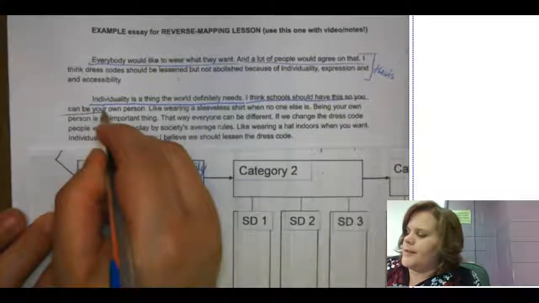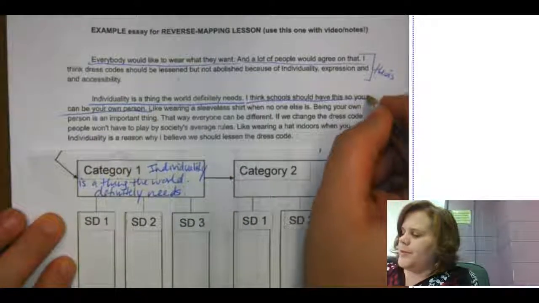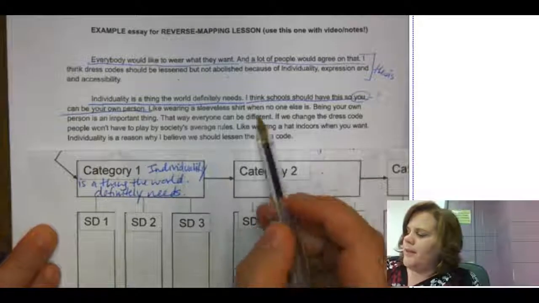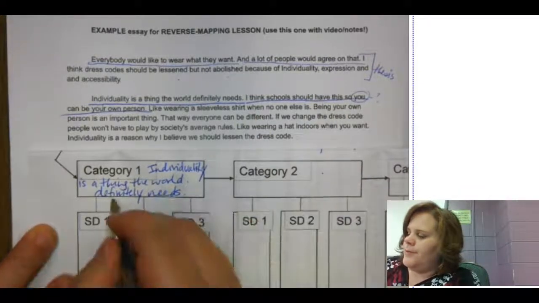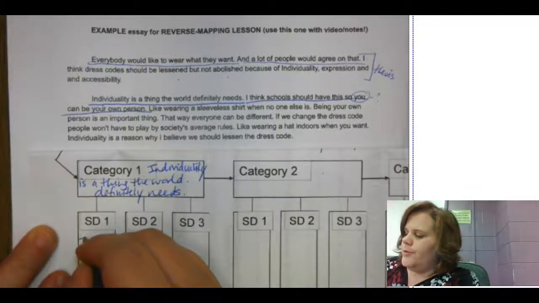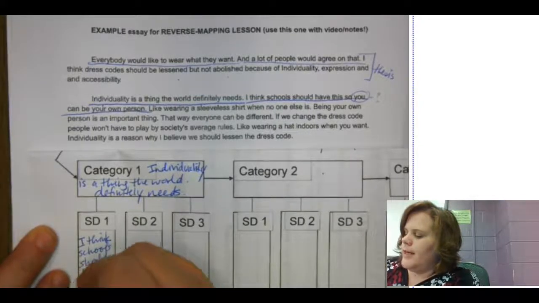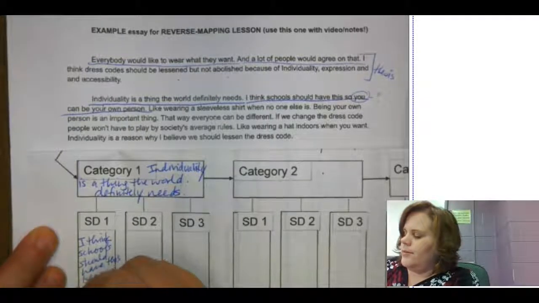Now, this is not maybe our best sentence because your audience was a principal, but I'm assuming they mean this, so I think schools should have this because you blah blah blah.